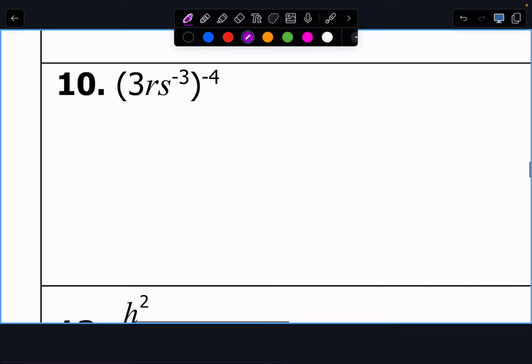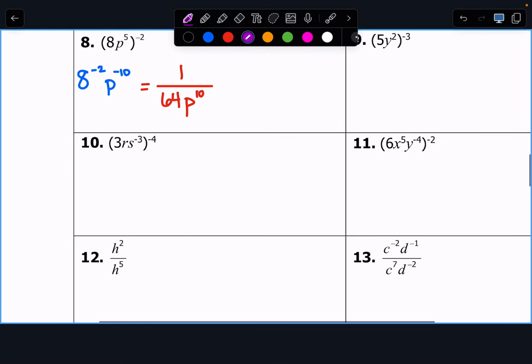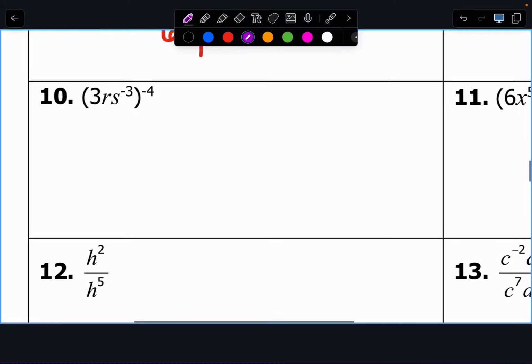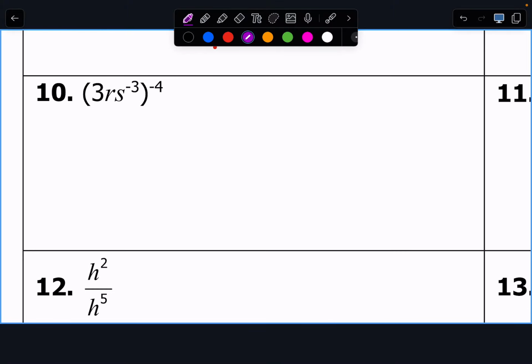It's a little bit different, but a little bit similar. Okay.